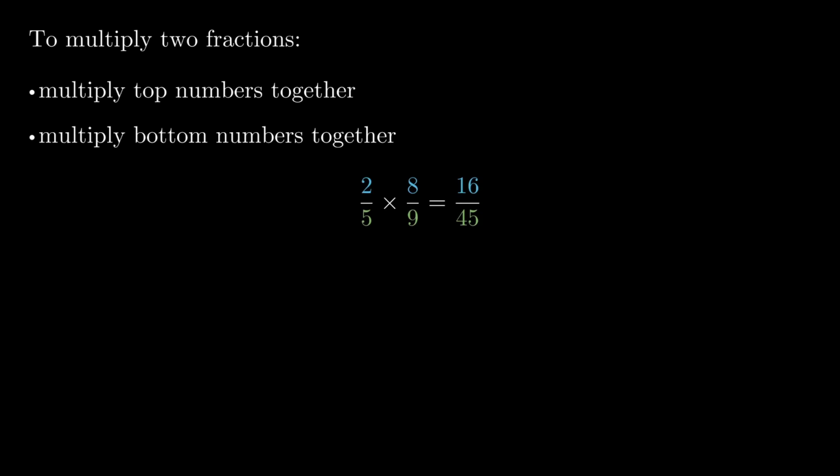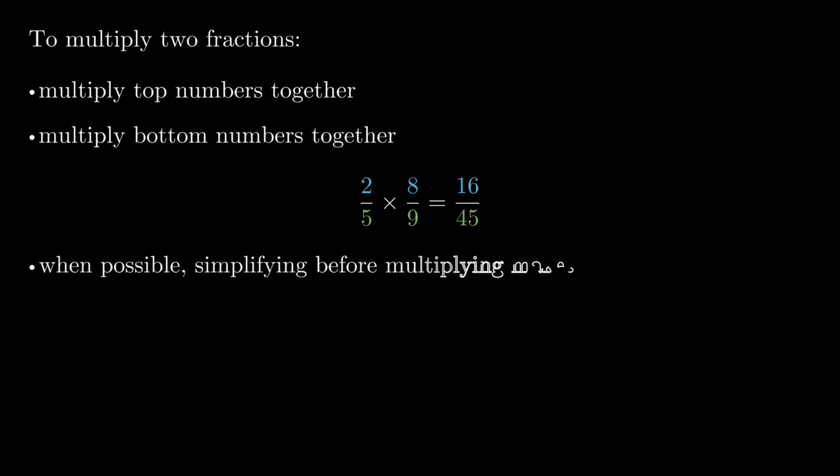One little consequence of that is that if you can find a way to simplify before you do it, it makes things easier, like this one, right? If you can see that the 9 and the 12 can simplify by dividing by 3, so the 12 becomes 4, the 9 becomes 3, then that makes it easier, because now 5 times 3 is just 15, and 4 times 11 is just 44.